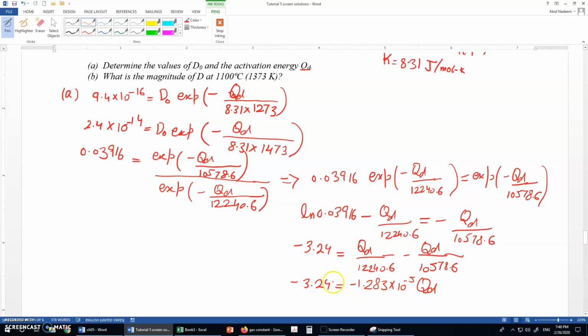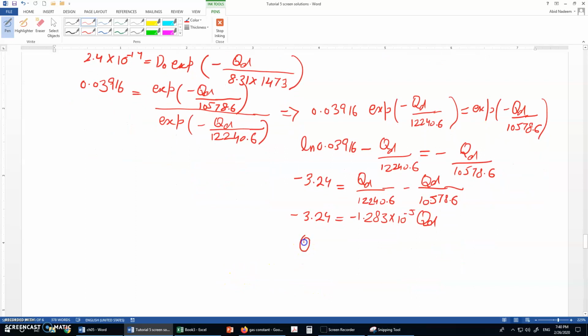So from here, QD, the activation energy, will be equal to minus 3.24 divided by minus 1.283 into 10 to the power minus 5. Minus will cancel with minus, so it will be around 252,433 joule per mole. So approximately you can say 252,000 joule per mole.